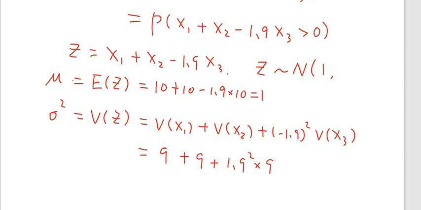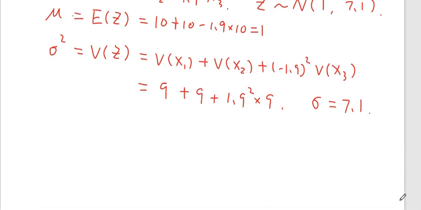Taking the square root, sigma is 7.1. So we know z follows a normal distribution with mean 1 and standard deviation 7.1.